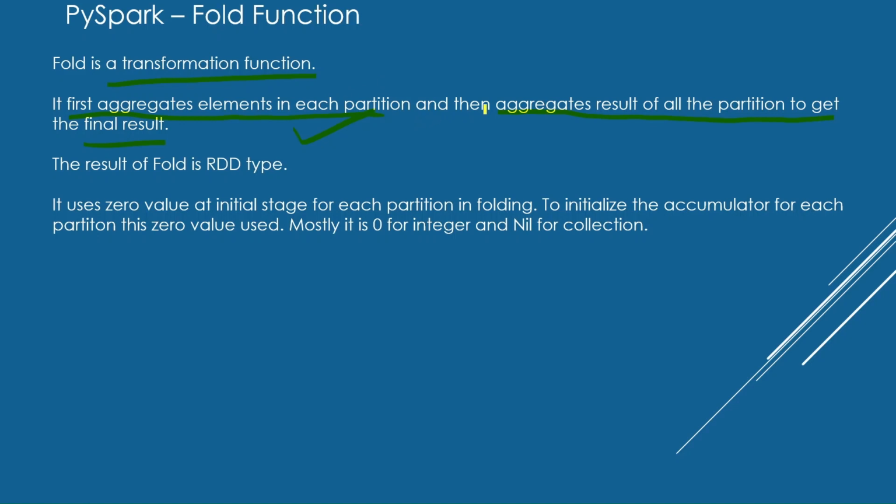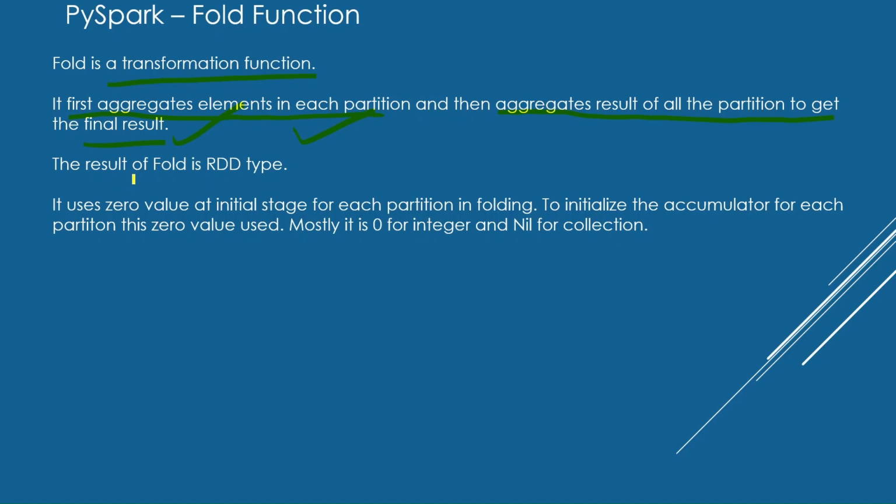Once that has been done, what is the next step the fold function does? It aggregates all the results which are present in the different partitions. Here the aggregation is the sum aggregation which we are discussing, so it will sum all the values from the different partitions and give the final result.